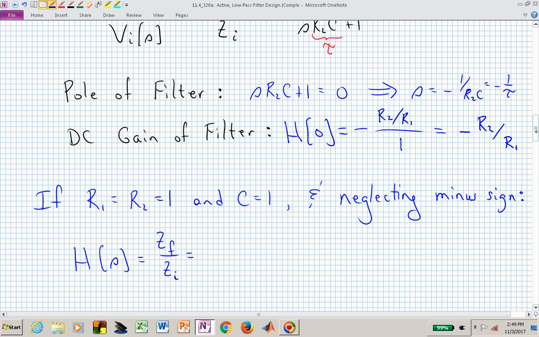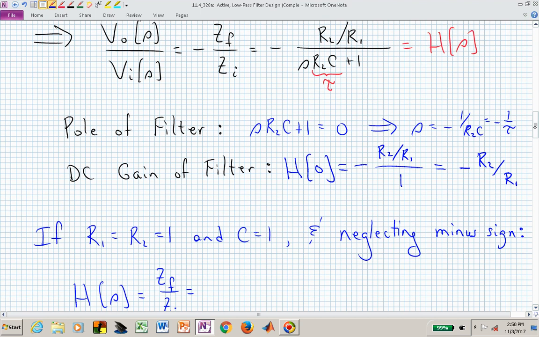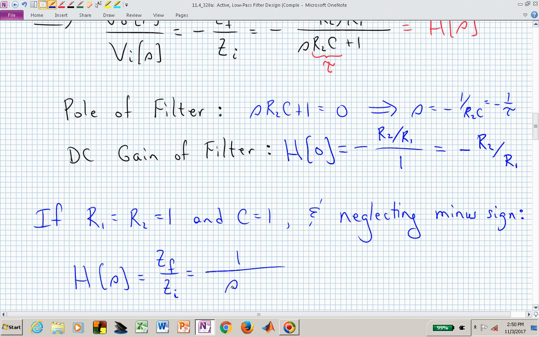So now H of s is Z sub f over Z sub i under these specific parameter values. 1 divided by 1 is 1. That's our numerator, and 1 times 1 scaling s is just 1. There's our transfer function under these parameter values of everything equaling 1.